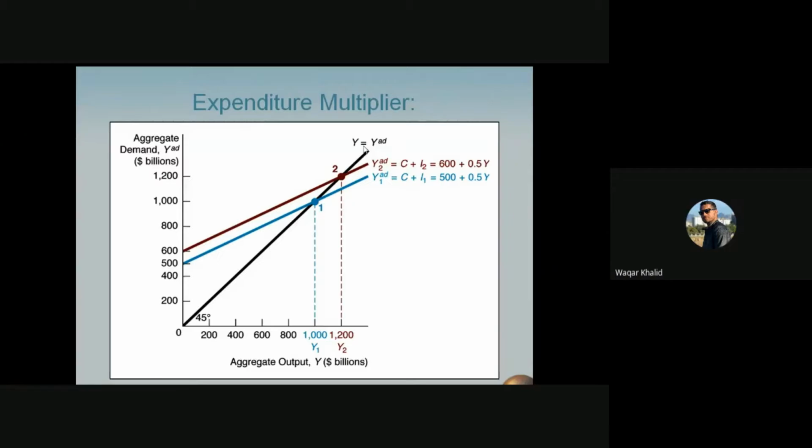Due to the invention of the new electric motor, because we are talking about the investment component of the GDP, the aggregate demand. So if a new electric machine is invented, it means that the factory machines will now work 3 times more efficiently than in the previous case.